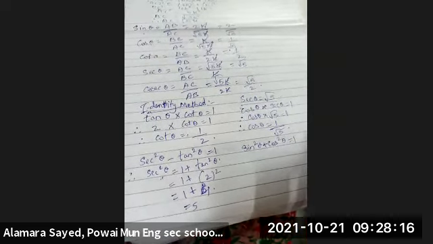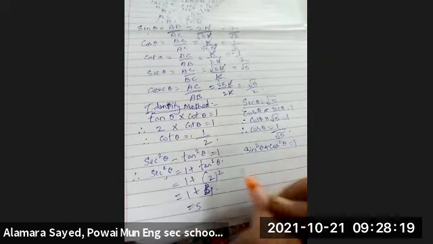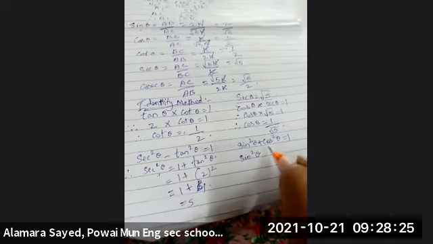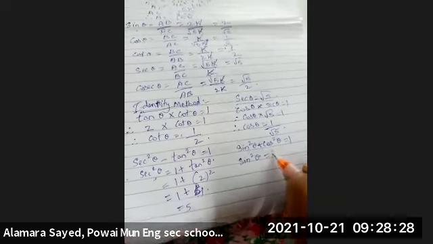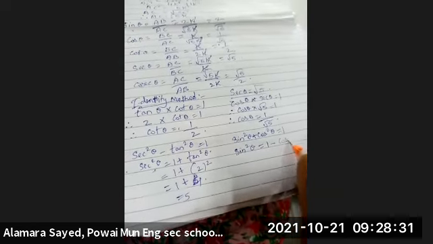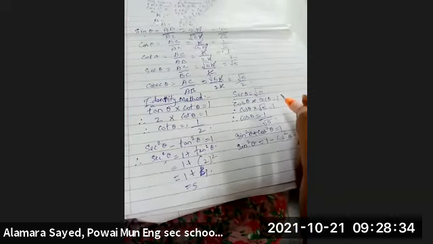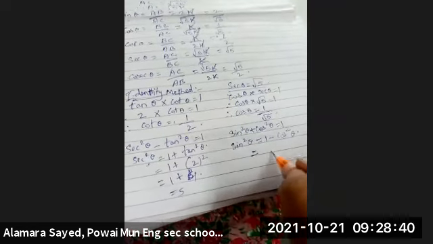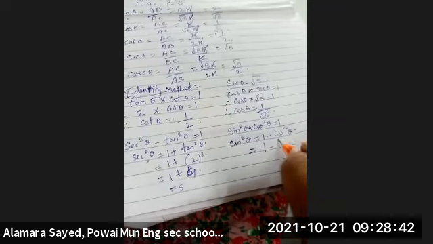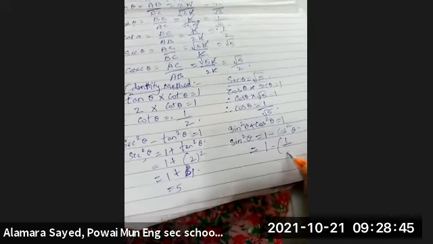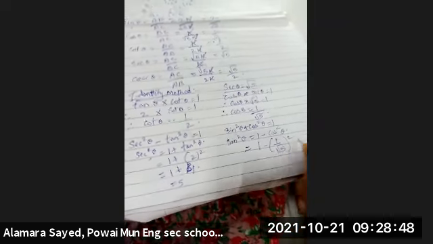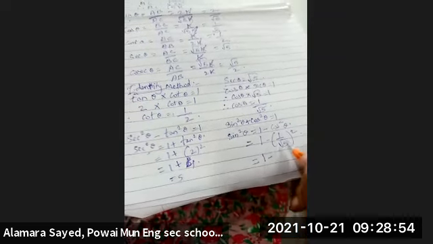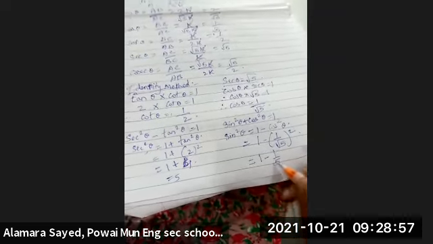Sine square theta is equal to 1 minus cos square theta, which will be equal to 1 minus 1 upon root 5 the whole square, which will be equal to 1 minus 1 upon 5.